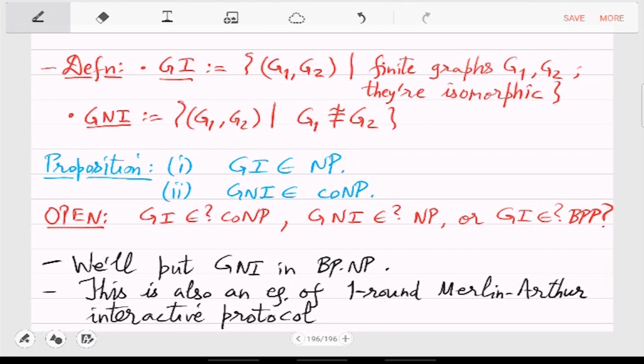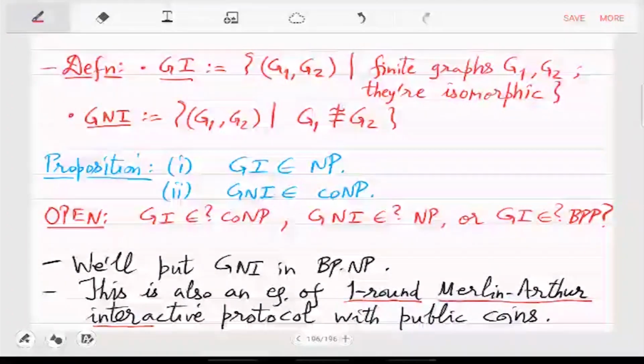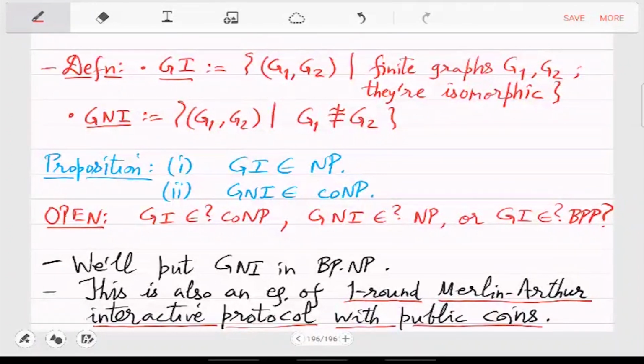So, there are these definitions in complexity theory which we do in advanced courses. Here we will not do it, we will just do the GNI proof, and that is a strong motivation for these interactive protocols with public coins. So, each of these terms actually defines complexity classes. Okay, one round, how many rounds, then Merlin-Arthur based interactive protocols.